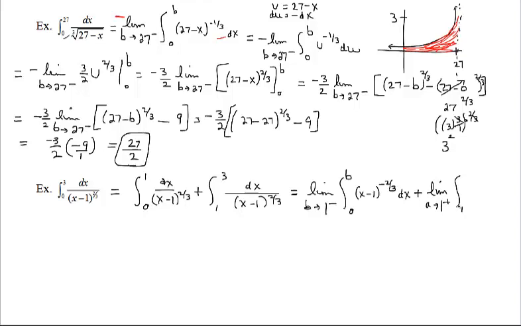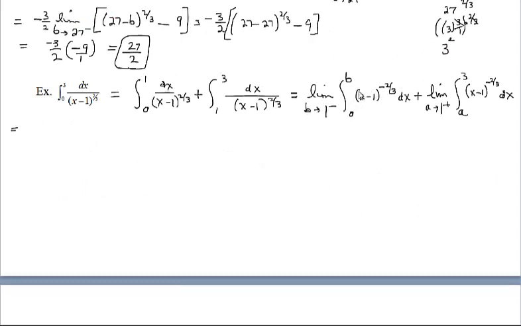So approaching 1 from the right-hand side, we're coming back to 1 from the 3. The lower limit here is going to be our a value, and then we go to 3. One good thing about splitting it apart is that once you find one antiderivative, you've got both of them.